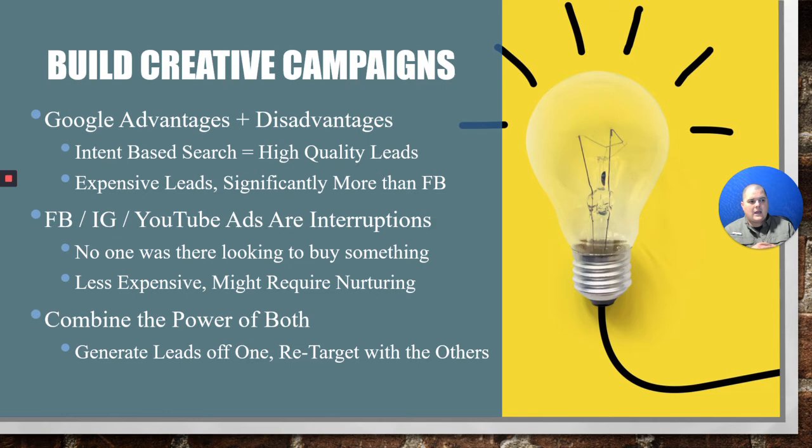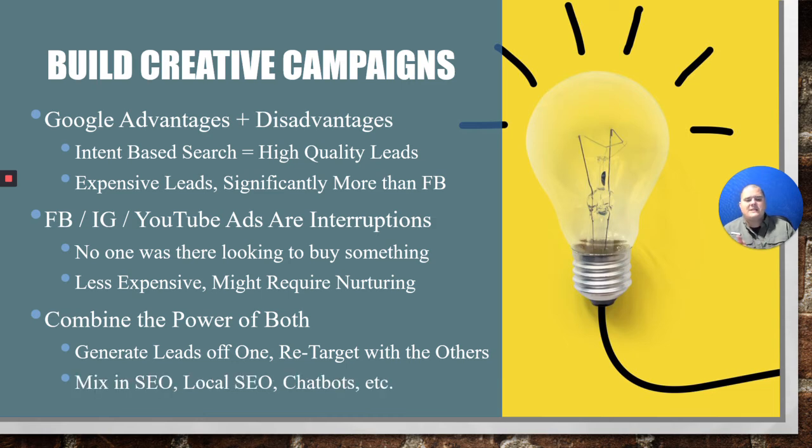So I'm willing to take a lower intent, a lower quality lead off of YouTube ads or Instagram ads or whatever. And when they land on the site, now I've picked them up with a Google retargeting tag. I can start retargeting them across all the Google network. So just basically understand that you can combine the power of both. You can generate leads off one and then retarget them on that same platform or across other platforms.